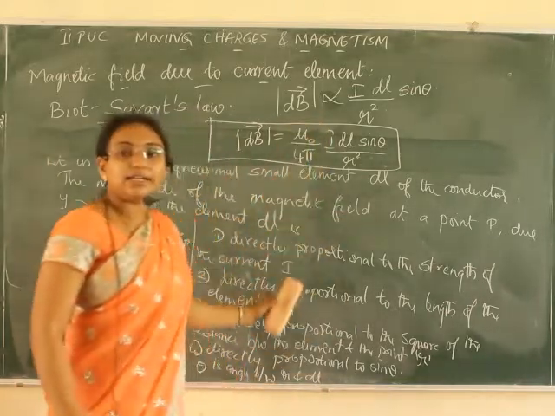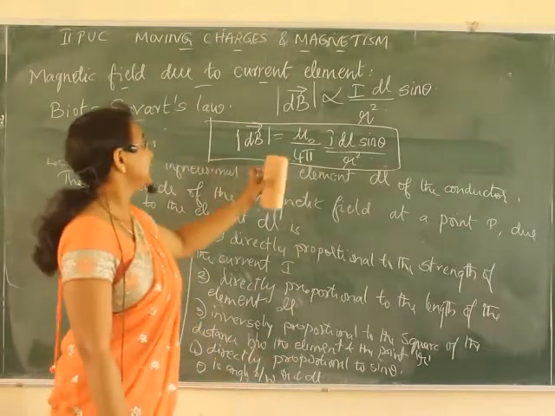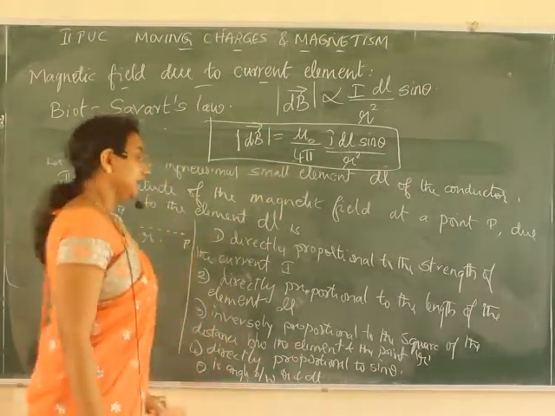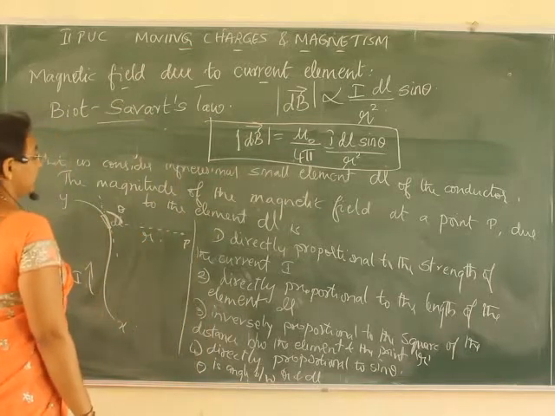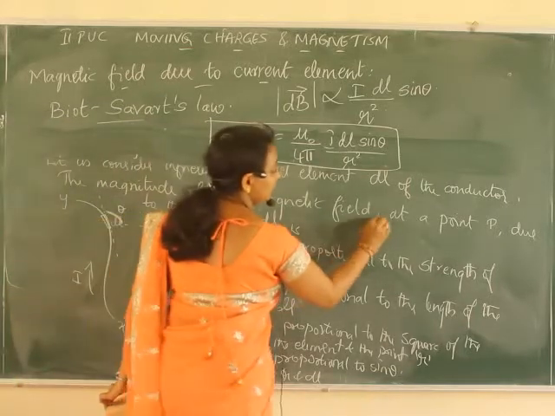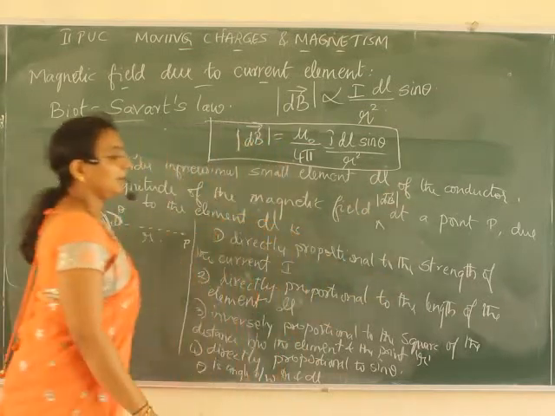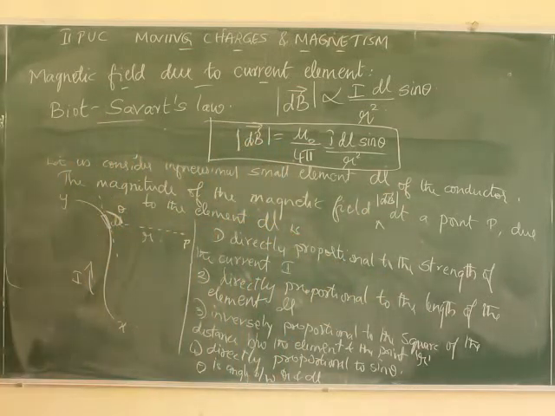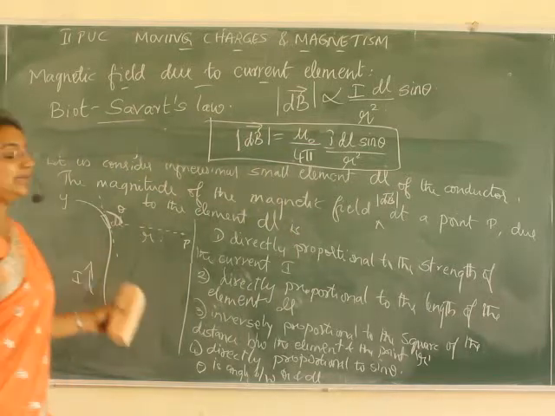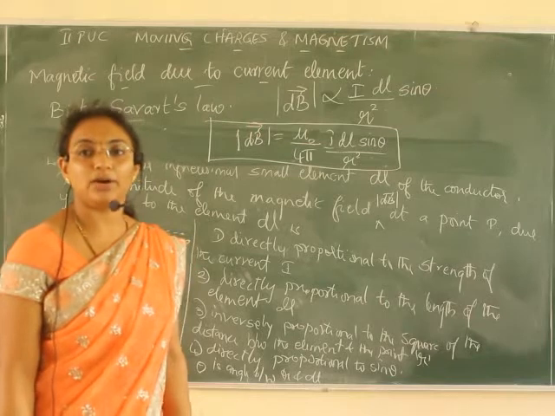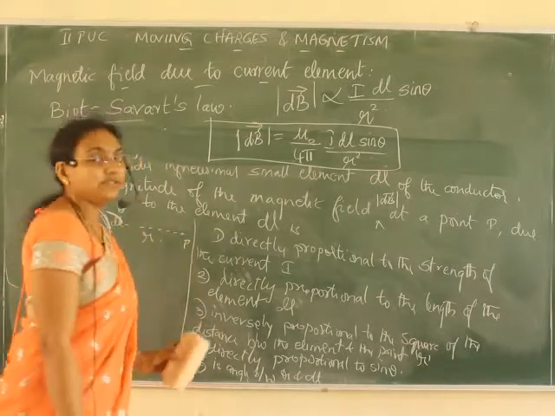So after writing this statement, you have to write this expression. Till here, if you write dB, it's very good. Till here, if you write, you will get 3 marks. Very, very, very important law for 3 marks.